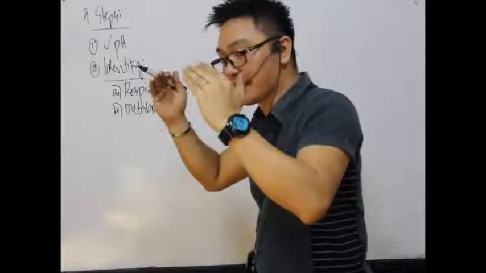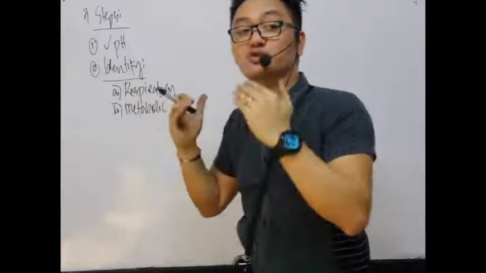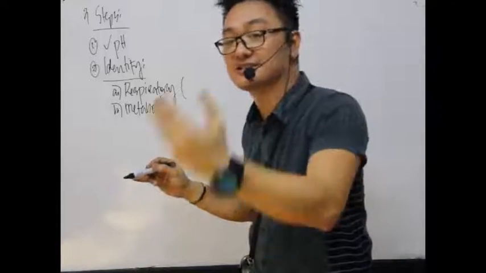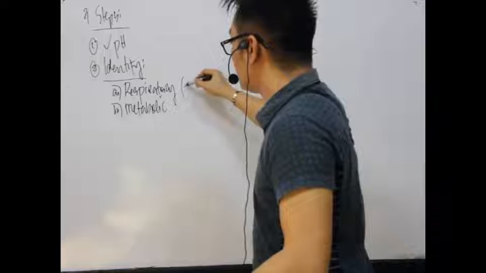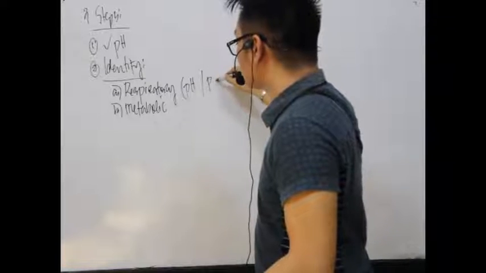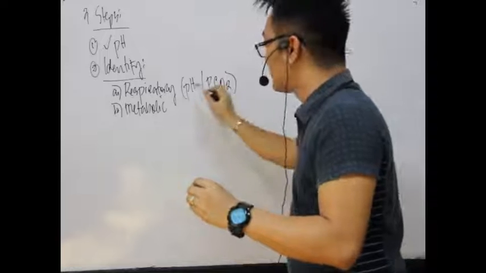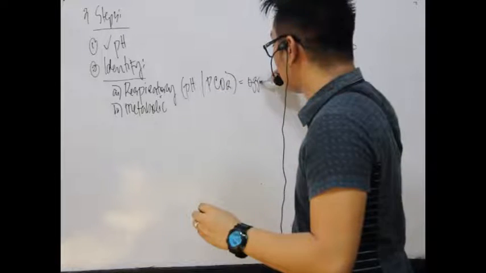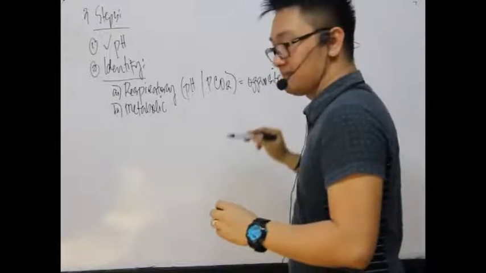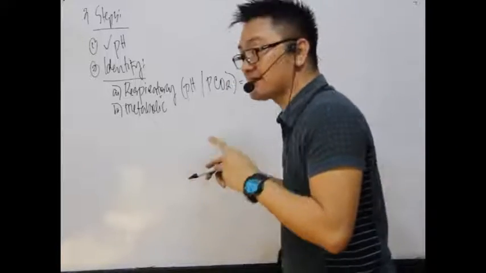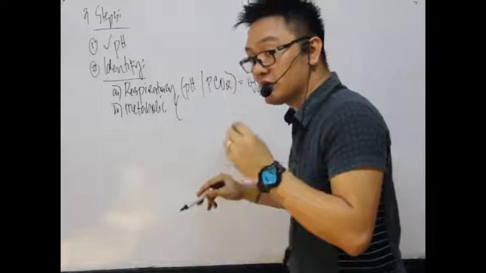If you suspect that the condition is respiratory, what values do you need to evaluate? You check the pH and you check the PCO2. And remember I said, the relationship must be opposite.